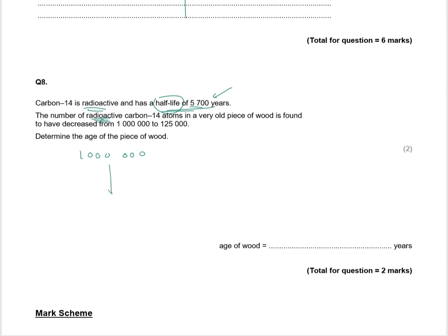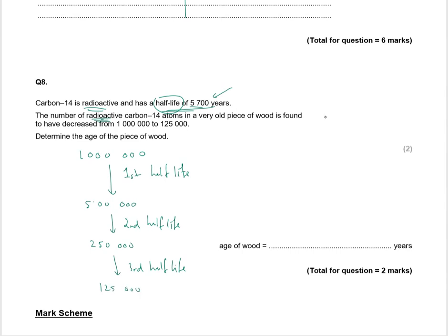After the first half-life, it's going to drop down to half. After the second half-life, this will drop down to half again. After the third half-life, this will drop down to half.